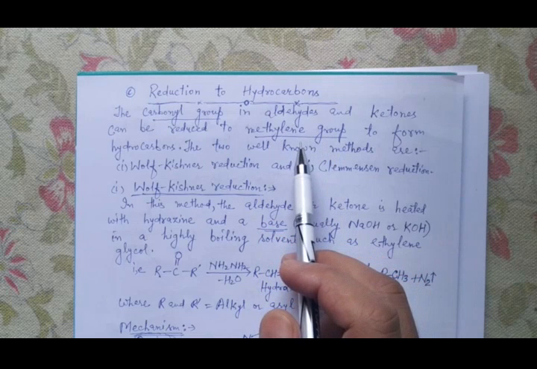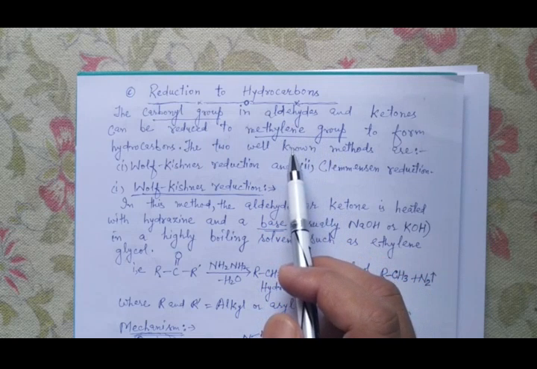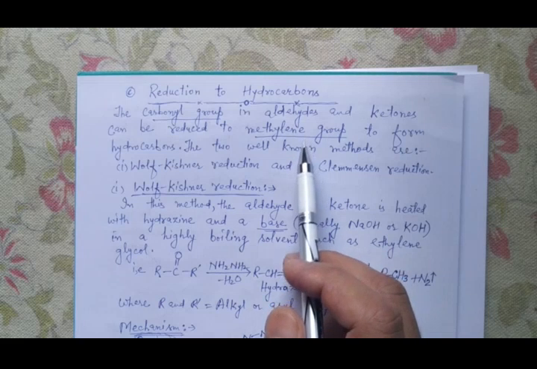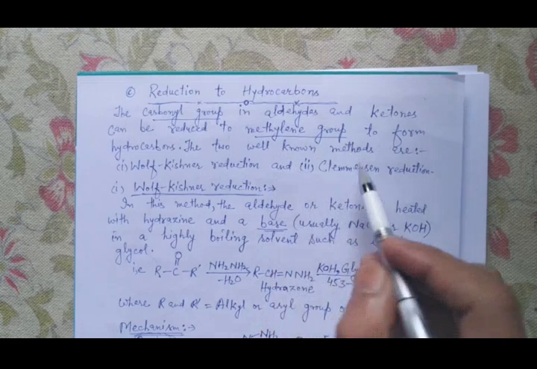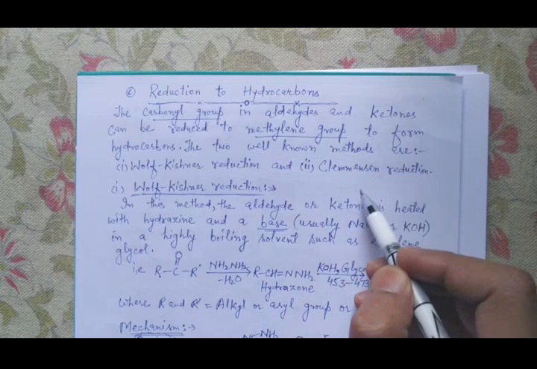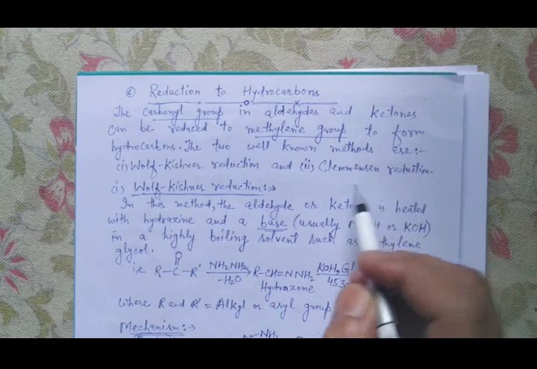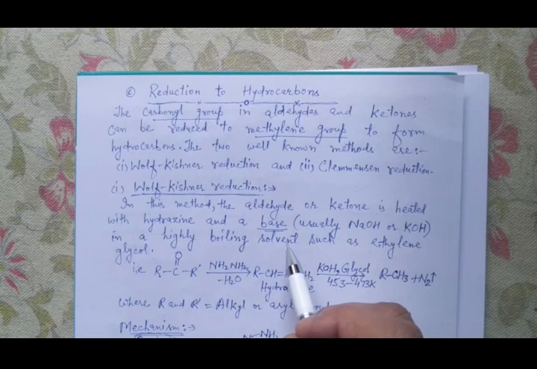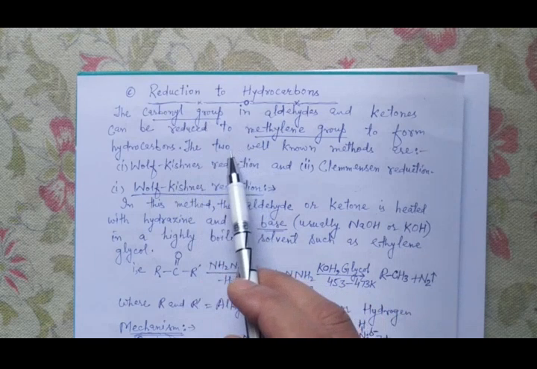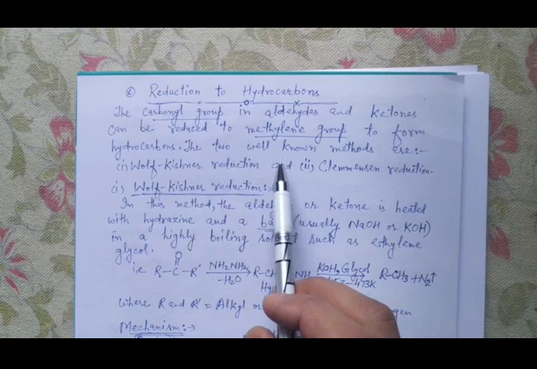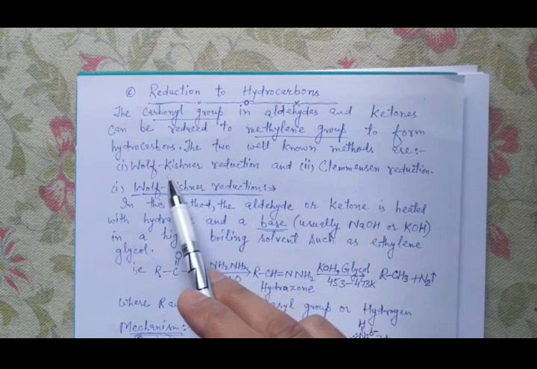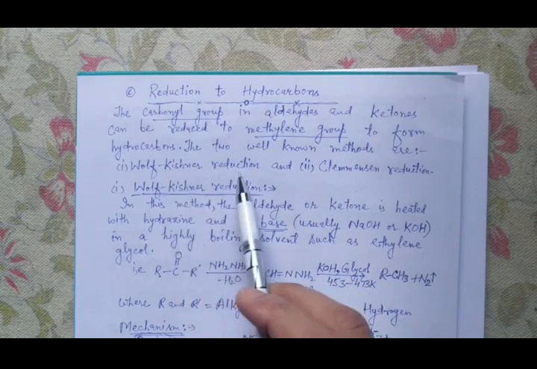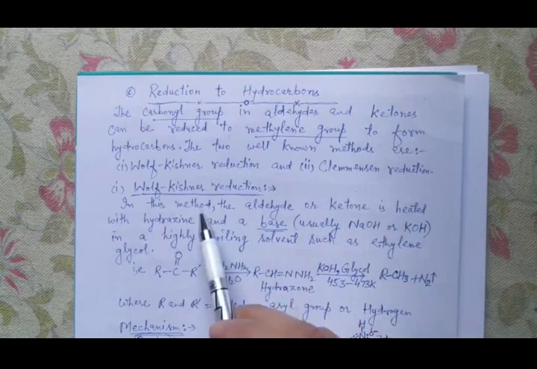CH3 group, you all know, is the methyl group, and CH2 group is the methylene group. Then a simple CH with single bonds will be the methine group, METHINE. Okay, now let us discuss these two well-known reduction methods, Wolff-Kishner reduction and Clemmensen reduction.